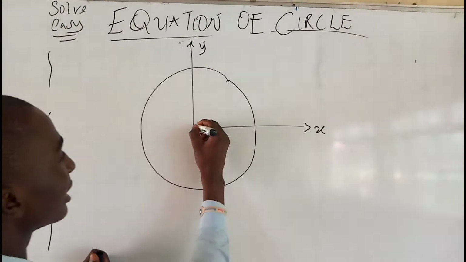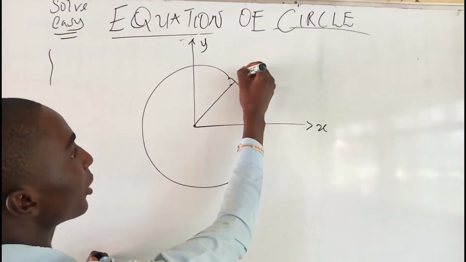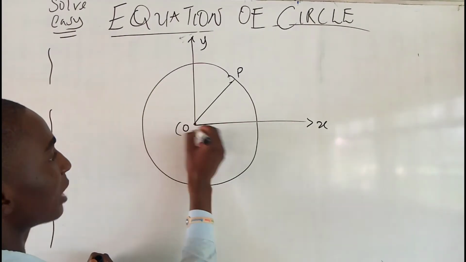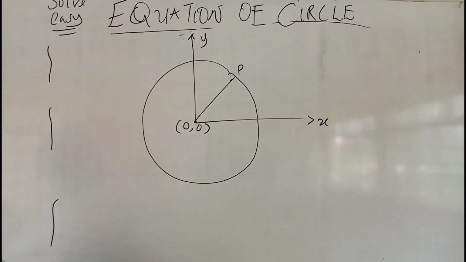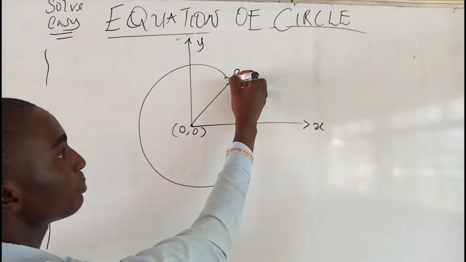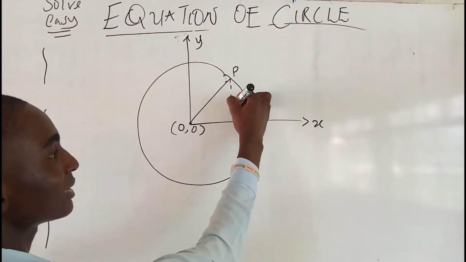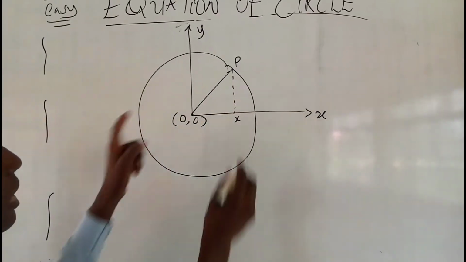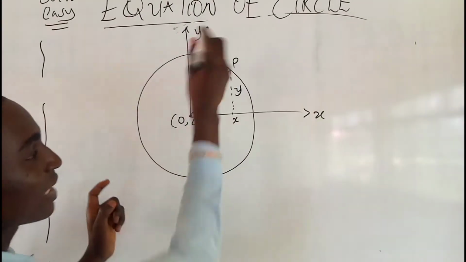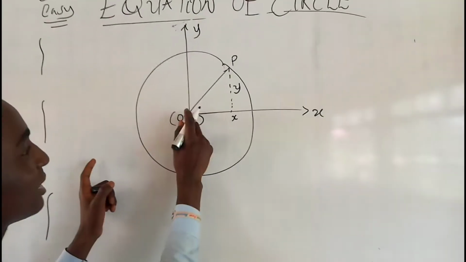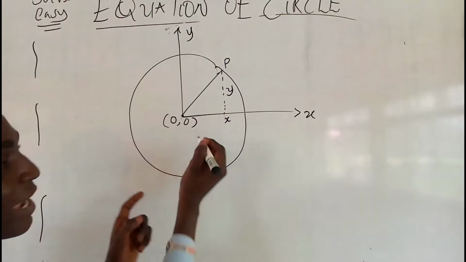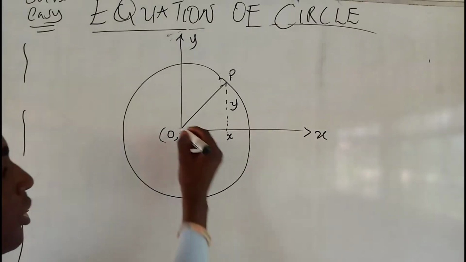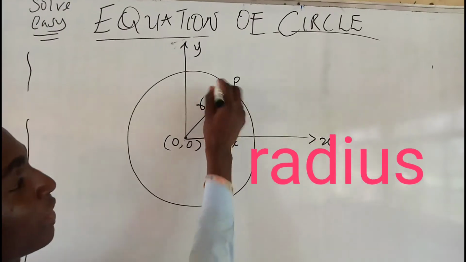If I'm having a radius to point P, remember this is our origin 0, 0. Now from this P, we draw a line to the x-axis. This line here is the same thing as our y, and the distance between this point and this point is our x. The line from the origin to P, let's call it r.